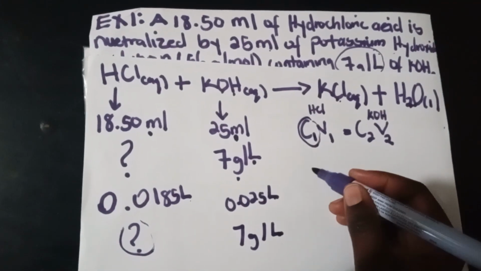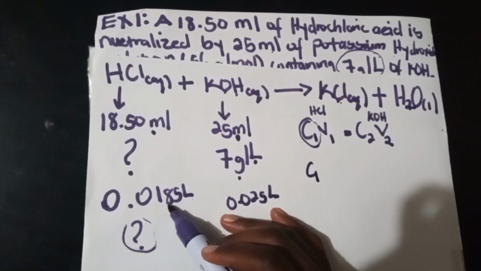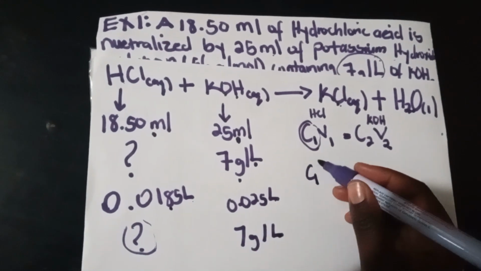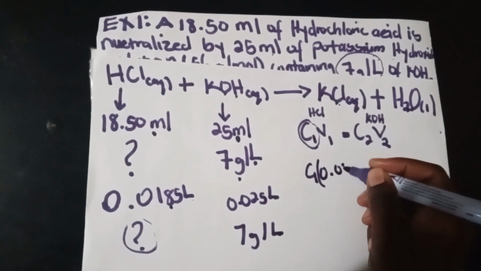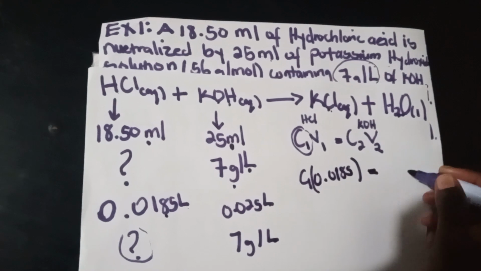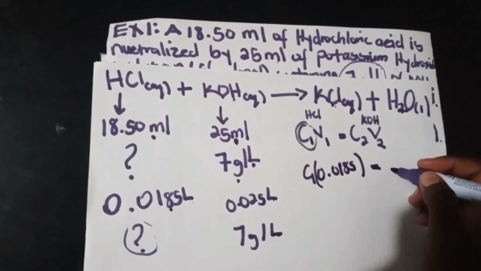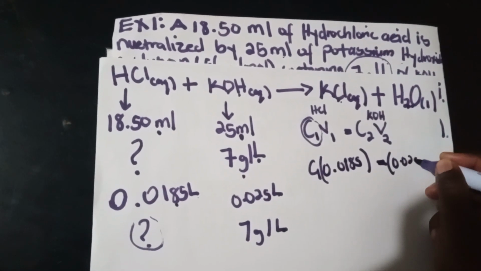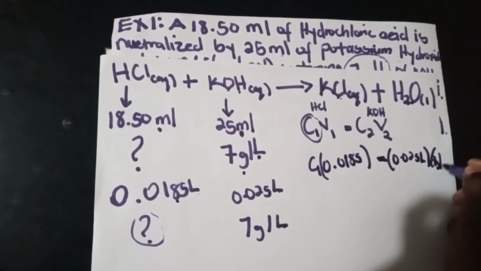So we just put it as C1, and our first volume is 0.0185 liters, which we multiply with the volume and concentration of our potassium hydroxide, which will be 0.025 liters multiplied by 7 grams per liter.